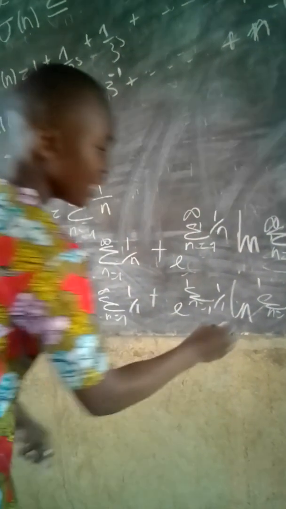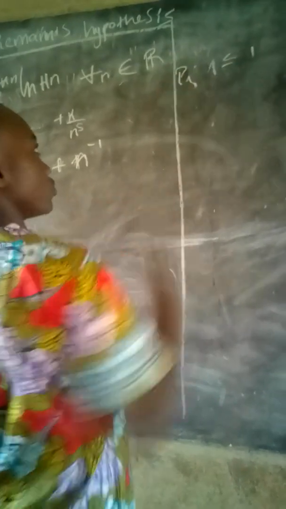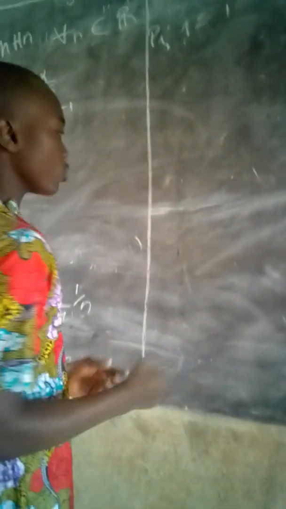Now, we know that the ln of 1 is 0. Now, it is meaning that 1 is less or equal to 1. Our P1 is true because 1 is equal to 1, as you all know.